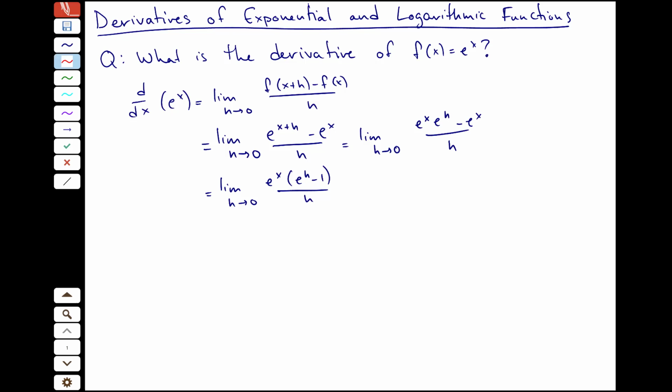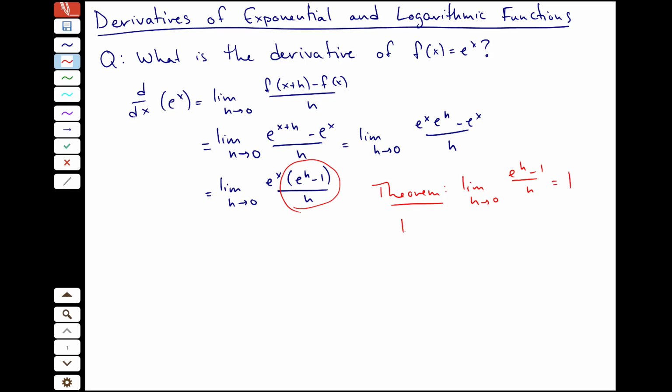And now the thing that we notice inside of this limit is this e to the h minus 1 divided by h. And if you remember from a previous video, we have a theorem that says that the limit as h goes to 0 of e to the h minus 1 over h is equal to 1.